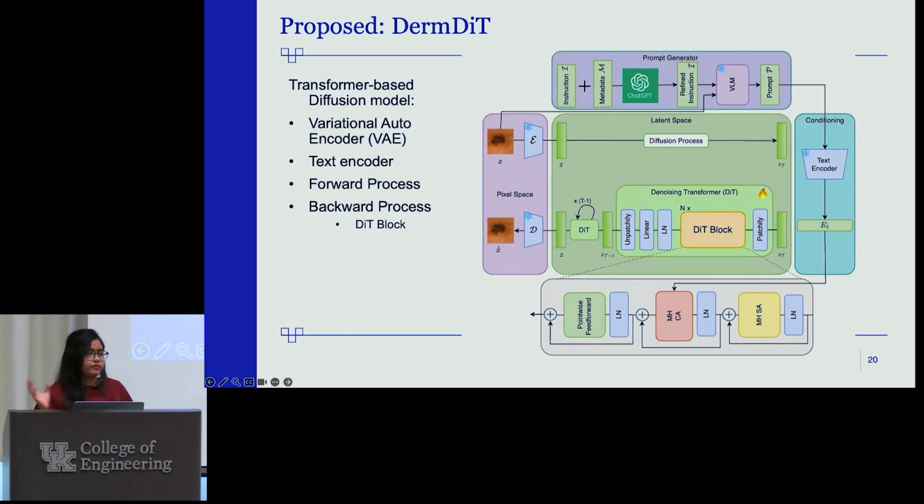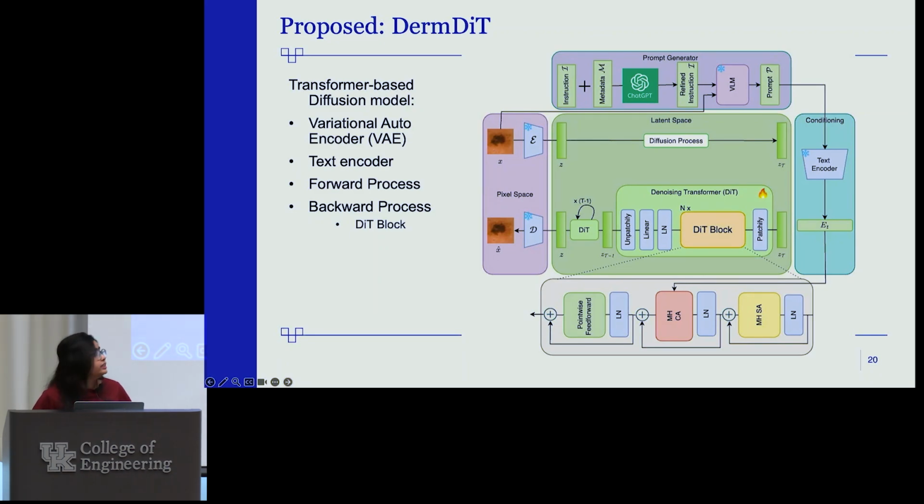So basically it converts the image from higher dimension to lower dimension to reduce the complexity of the diffusion process. The next one is a text encoder. The text encoder takes the prompt generated by the vision language model and converts it into text embedding, similar to what we have seen in the previous model.